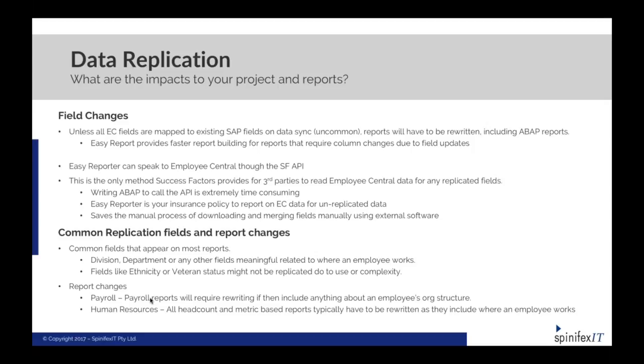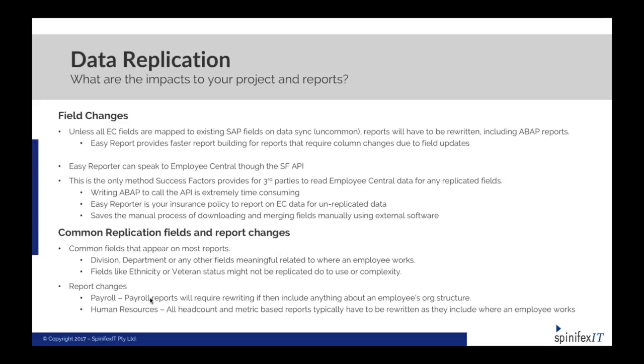We can pull the data from Employee Central, but it does tend to slow down your reports a little bit. That's not something that we have any control over. We've experienced that with people writing ABAP reports directly from Employee Central as well as using our tools. It's just the nature of connecting to a very separate environment to access that data. So we're a little bit careful there.